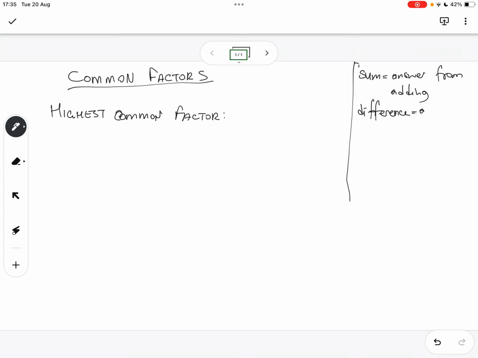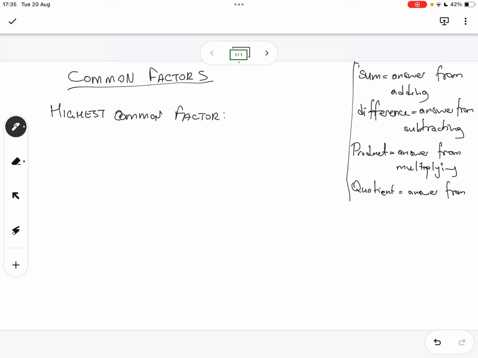Sum, answer from adding. Difference, answer from subtracting. Product, answer from multiplying.